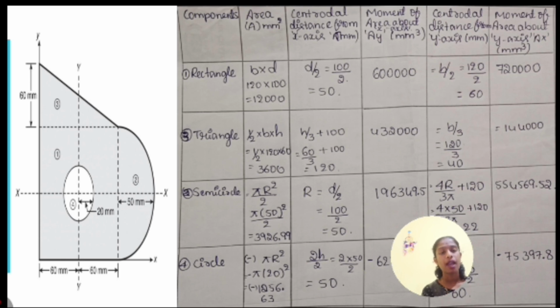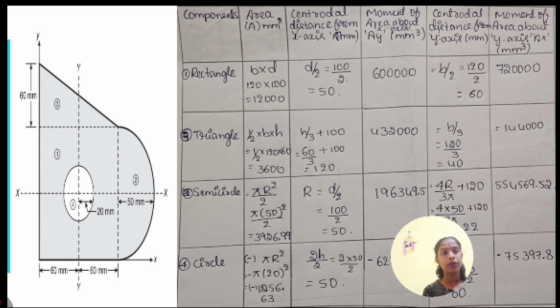Half into base 120 and height 60. Half into 120 into 60 we get 3600. And for a semicircle we have the area formula pi r square by 2. So pi into r, we have 50, 50 square by 2, we will get 3926.99.